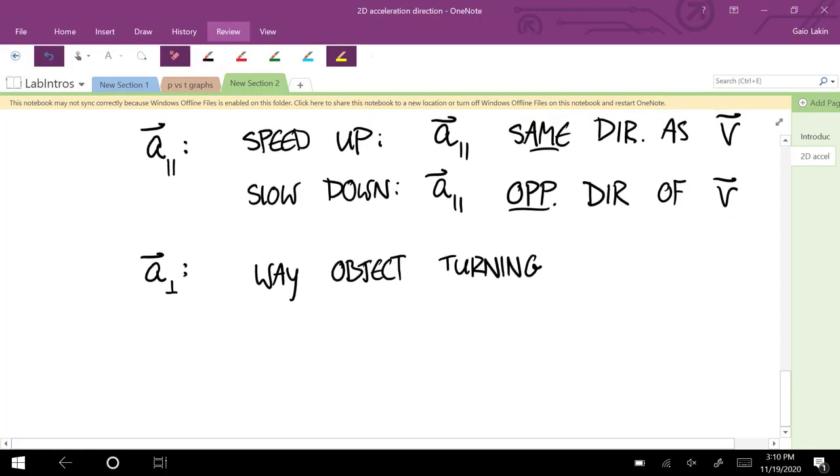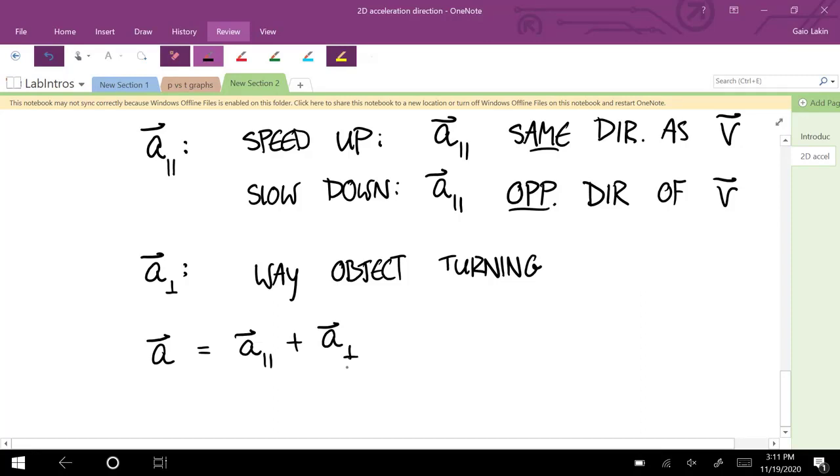Now, based on these two parts of the acceleration, what can we say about the total acceleration? Well, it's equal to the sum of the parallel part of the acceleration and the perpendicular part. And this is why we did that exercise in lab 3, where we figured out all the possible directions that you could get by adding two vectors when you don't know their magnitude. Because we don't know the magnitude of the parallel part and the perpendicular part, we've just figured out the directions at this point.